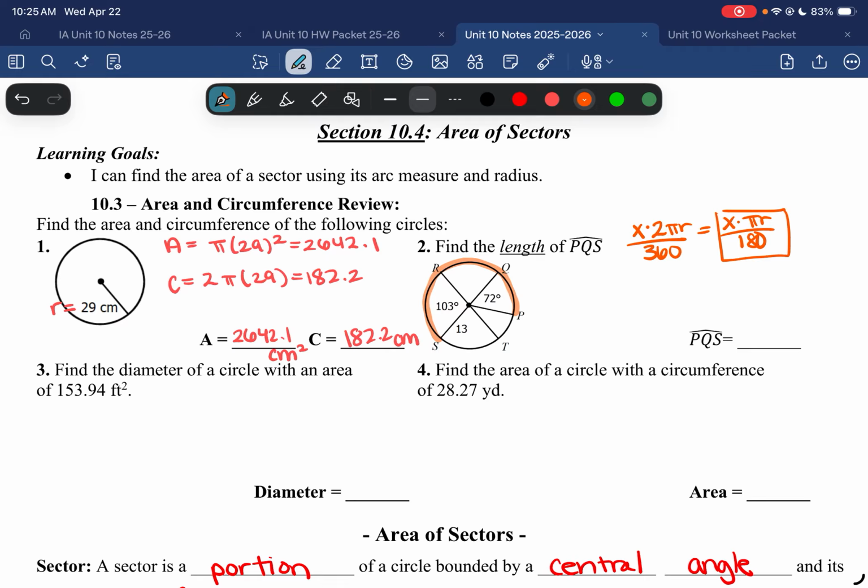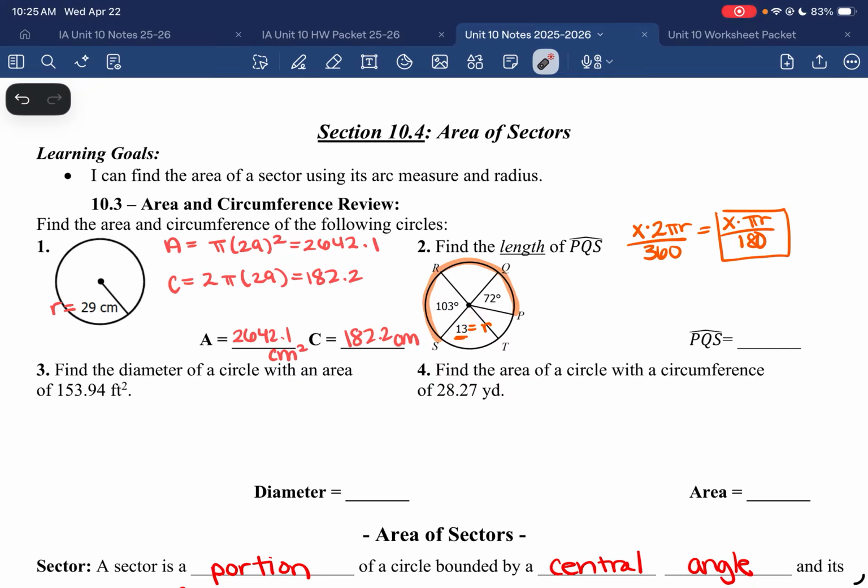So first we need to find x, then we can find r, then we can calculate the length of that arc. So r, well, that's this number right here, this 13, because there is not a little degree on there. So that's how we know that this is the length.